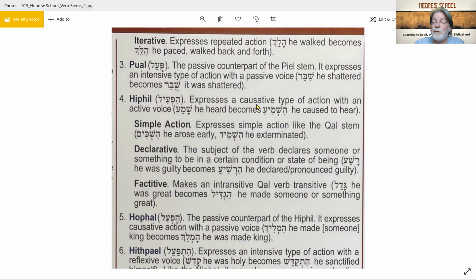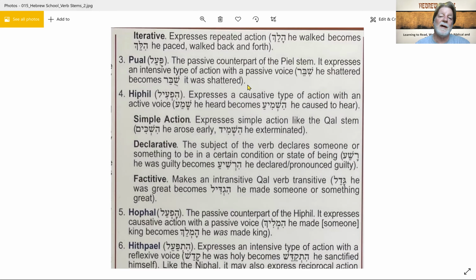So you can just throw in that word cause as a helping word to help translate the sentence. So the hifil is causative, something caused the action to be done. And then again, we have simple action, declarative, factative, and I don't know and I don't care.